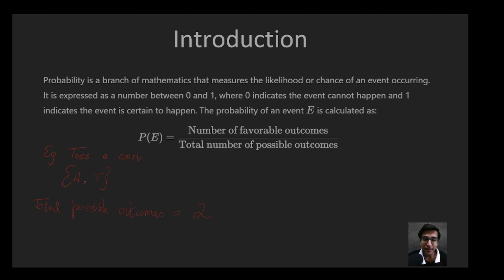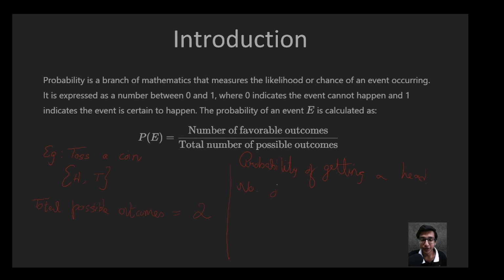So what are my favorable outcomes? It is what has been asked in the question, or what is the event that you are referring to. So let's say if I say calculate the probability of getting a head. So I'm talking about just one head. So what would be your favorable outcomes?